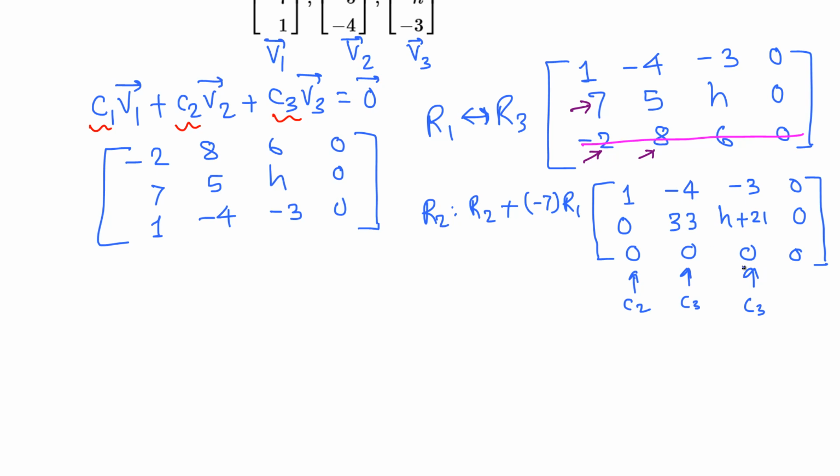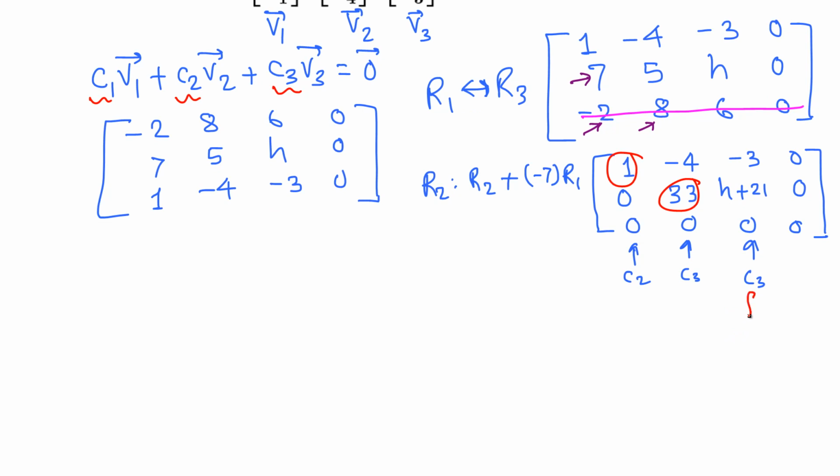The system is consistent. At the same time, there is no pivot in the third column as well. We got pivots here and here, but none in the third column. That means c3 is a free variable. Free variable means we always get a non-trivial solution. In fact, we get infinitely many solutions.